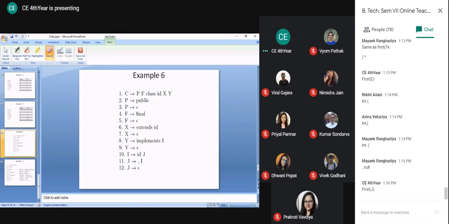Can you tell? What will be the answer for first of j? It is comma and null.